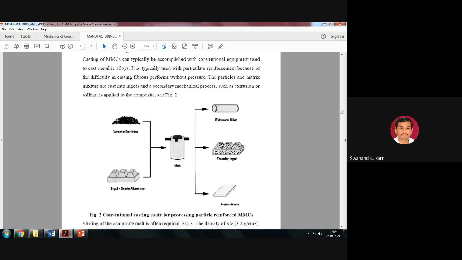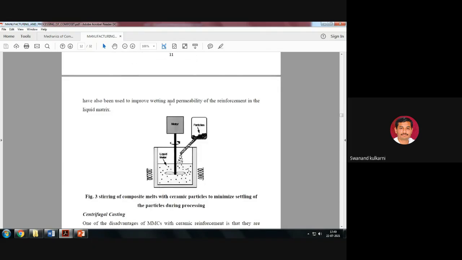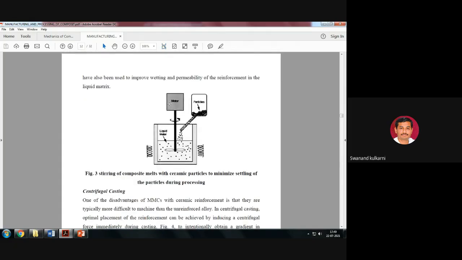Is it okay? Simply ceramics and aluminum are melted together, and this melt is later poured into a particular shape. But there is a certain limitation because high-density material will accumulate at the bottom, and that's why homogeneous distribution will not happen. So in order to remove this, another method is used.